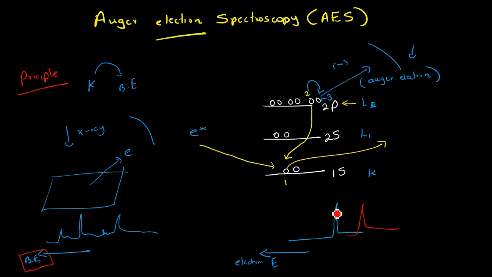But this is the original peak, where no surface positive charge is formed. In this case, when the surface is positively charged, your electron has to spend some more energy on the surface in order to be released. I hope you get the idea, right? So that's all with the Auger electron process.